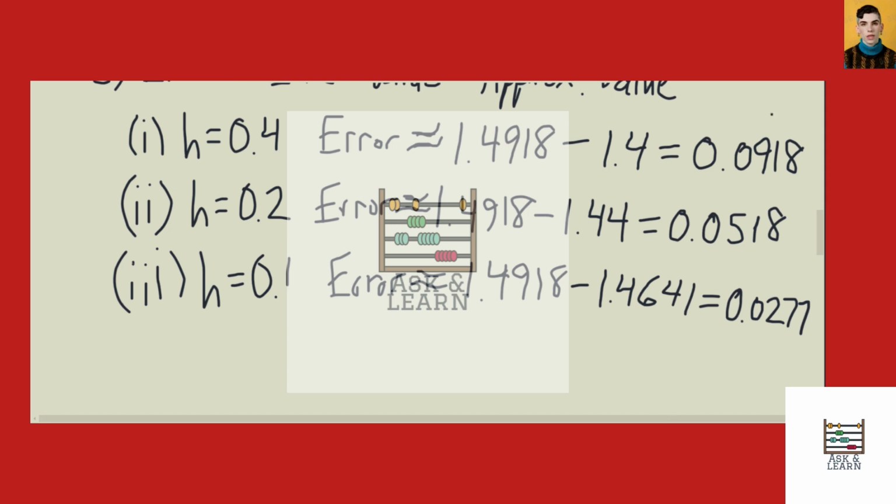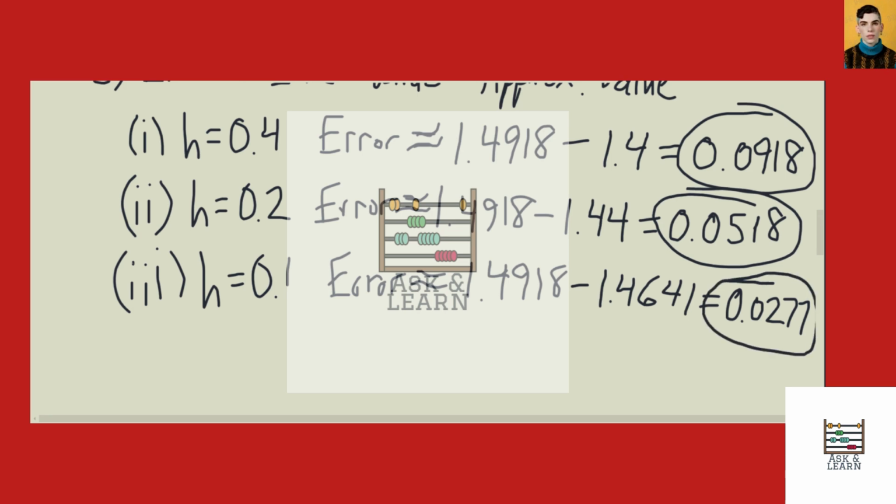So we see that we have these three calculations for the errors: 0.0918, then 0.0518, and 0.0277.